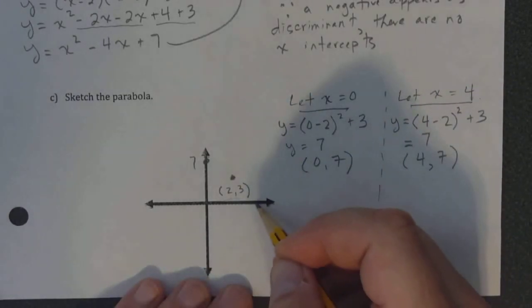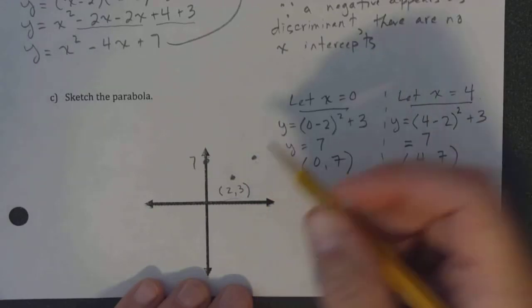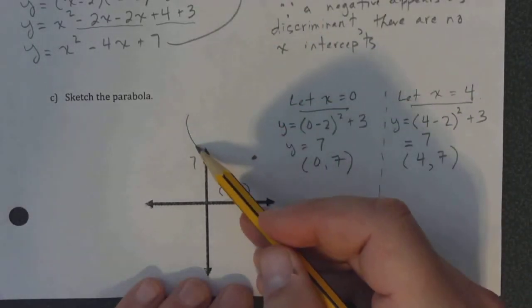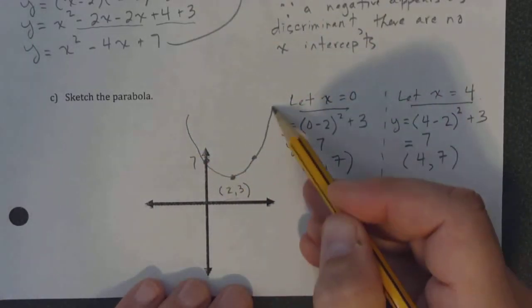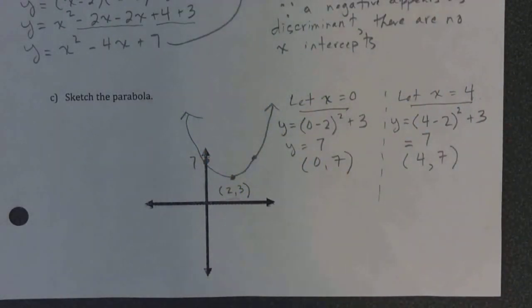So when x is 4, y is 7. Let's plot that. Right 4 up 7, there's your symmetrical. And you can sketch your parabola. Okay? And now when you're ready, you can push play again for the back sheet.